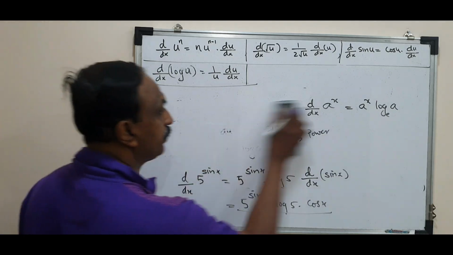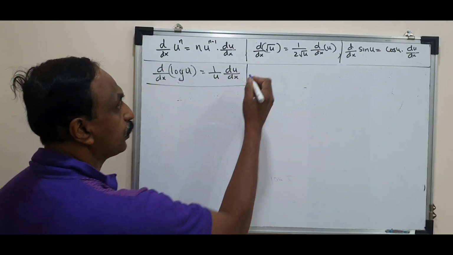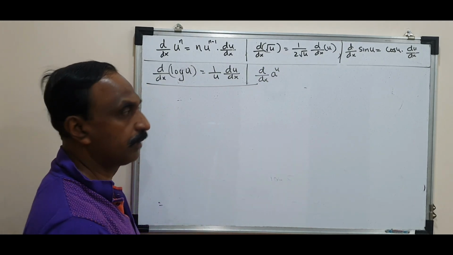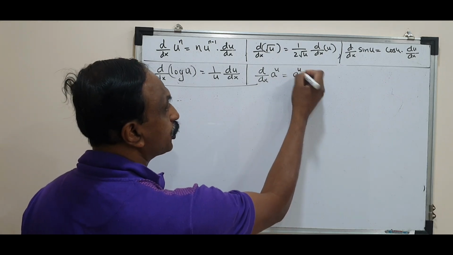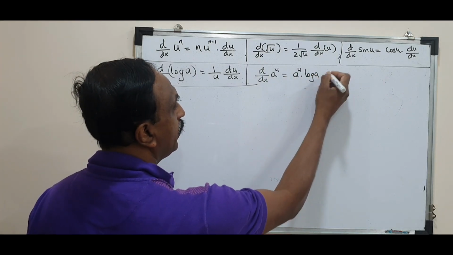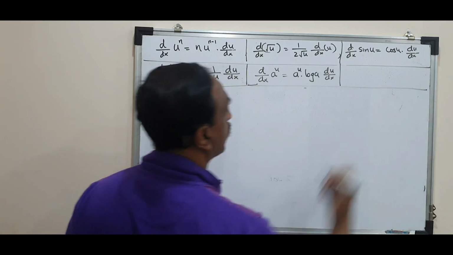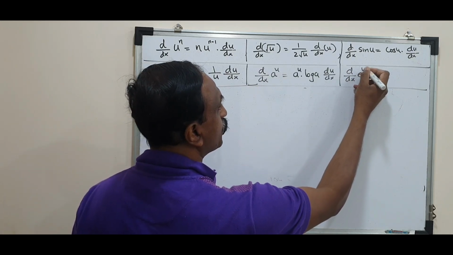Now let's have a look again, a few more questions to practice. Before that, let me write that formula also. D by dx of a to the power u. Remember, a is a number, u is a function of x. A raised to u log a into derivative of u. So naturally, one more formula I can add on to it, same method: d by dx of e raised to u.